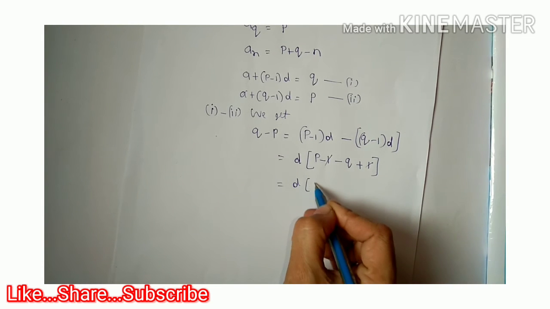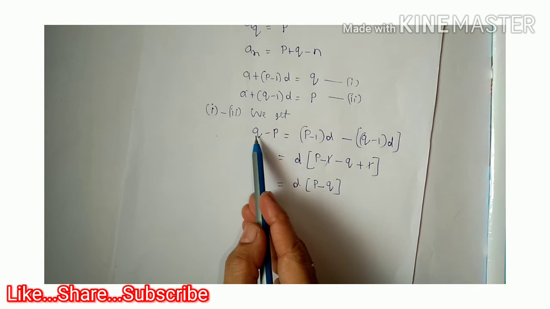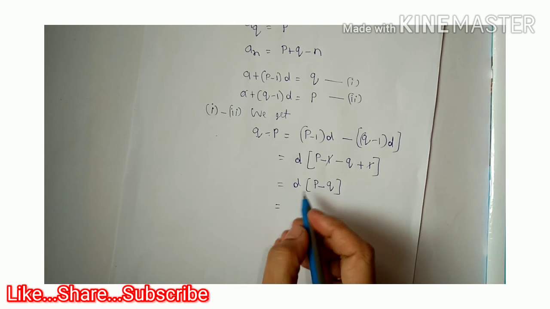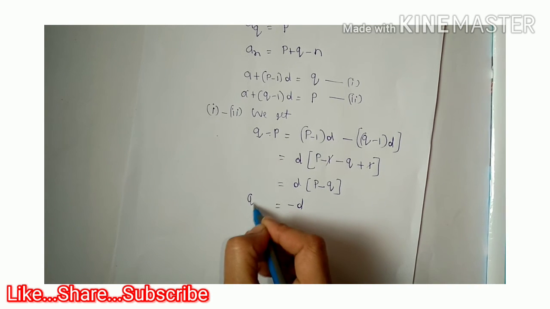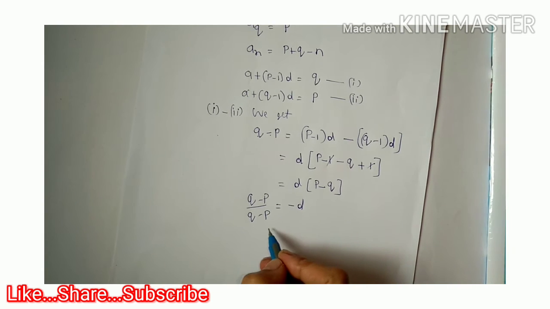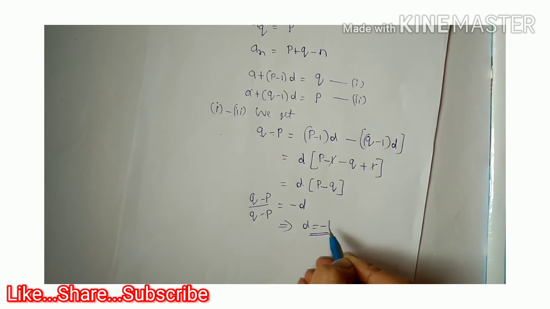So d (p minus q). Here the left hand side is q minus p. Therefore minus d, (q minus p) by (q minus p). It implies d is equal to minus 1.